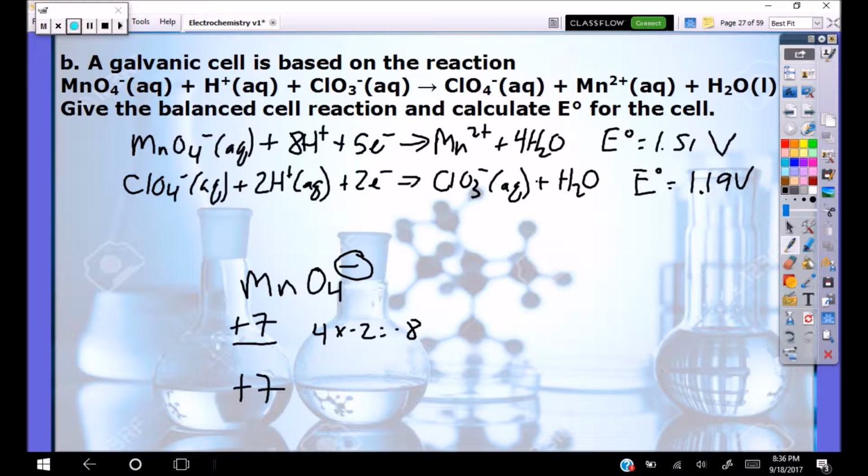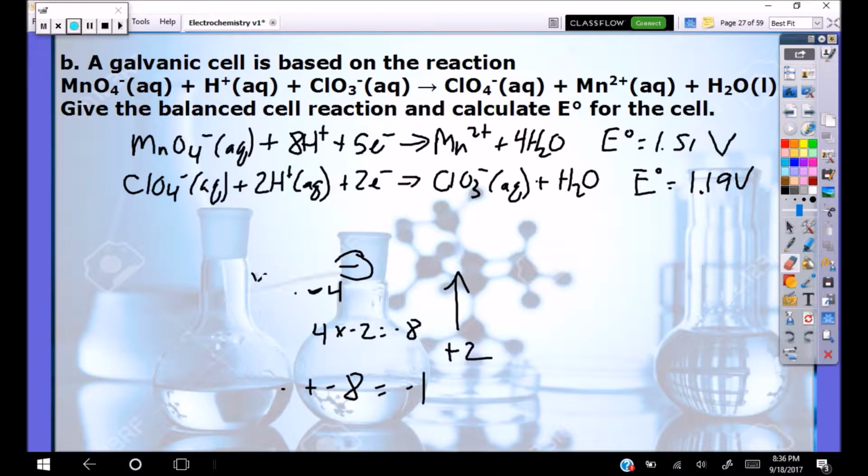We had +7 and a -8, we get our -1. So if we look at manganese from up here, it goes from +7 down to +2. It's really easy to see that manganese is being reduced here.